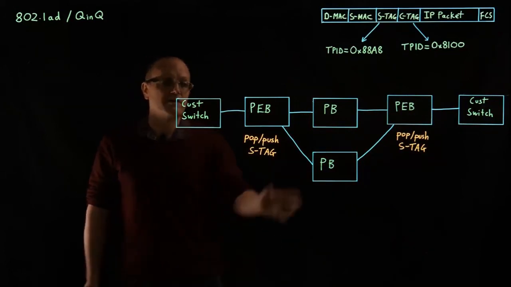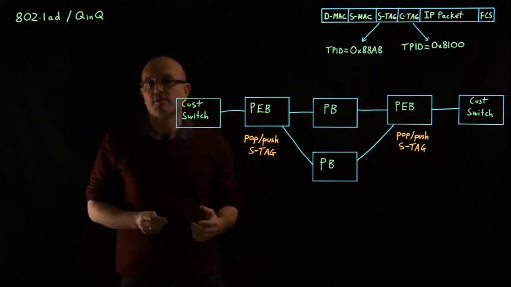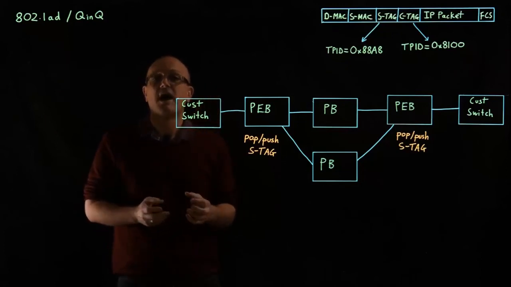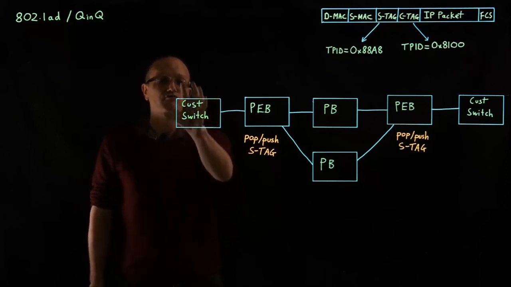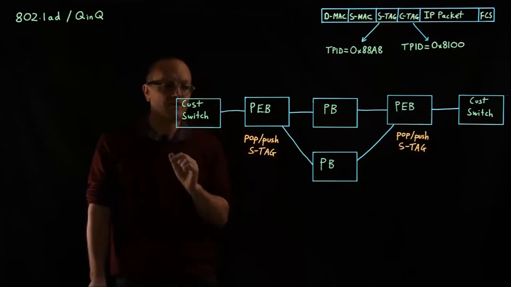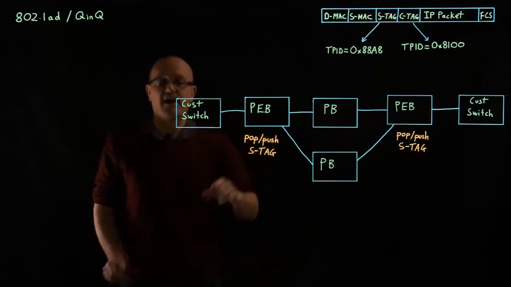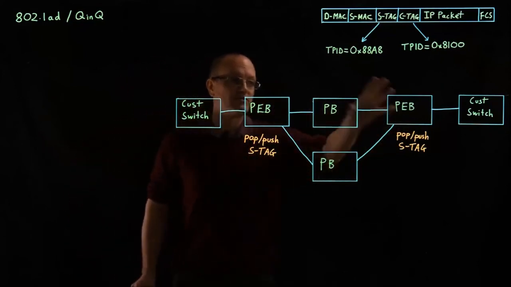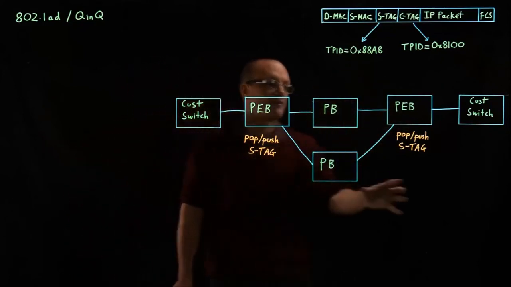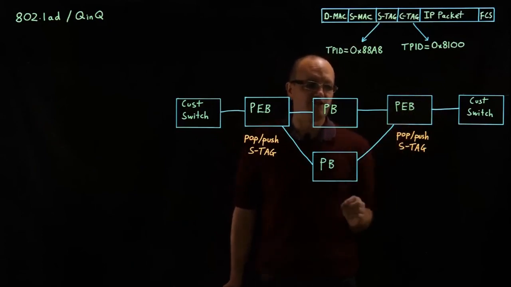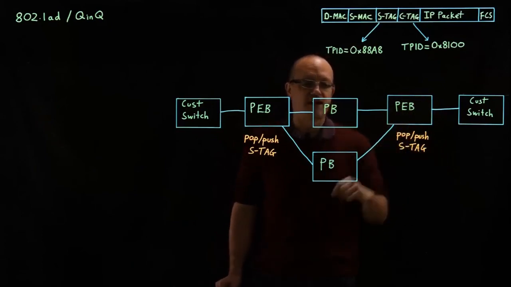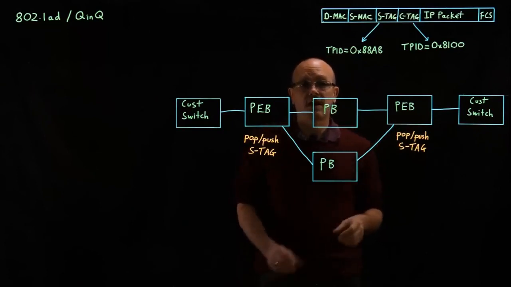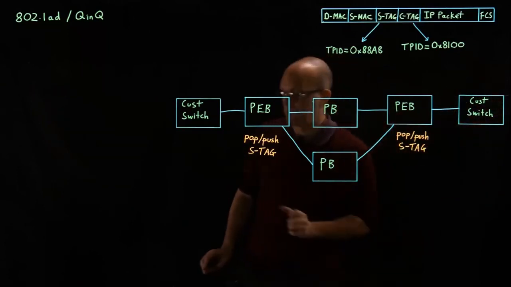We have our provider edge bridges. So these are the devices that are interconnecting to the customer switches. And what they're doing is, on receipt of a frame from a customer, they're pushing an S tag onto the frame. This frame then traverses through the service provider network, and on the egress provider edge bridge, we're popping that S tag off and passing a standard 802.1q encapsulated packet to the customer.